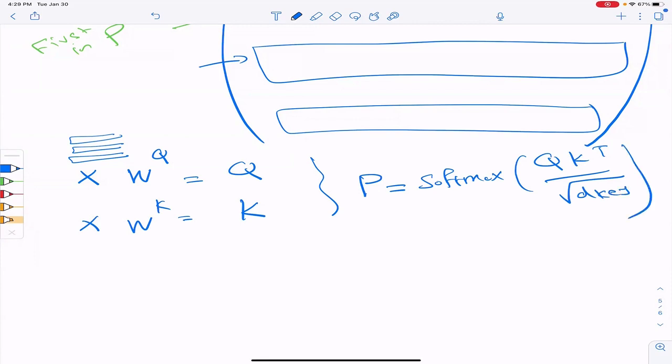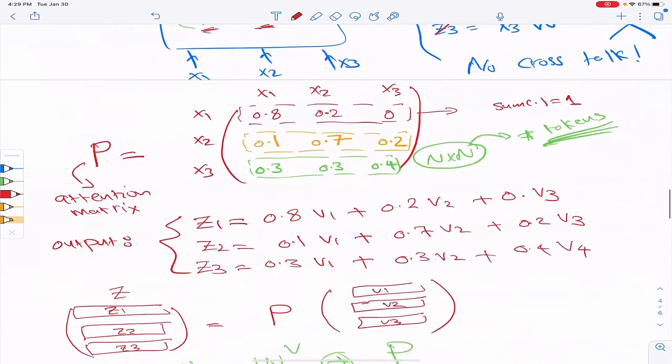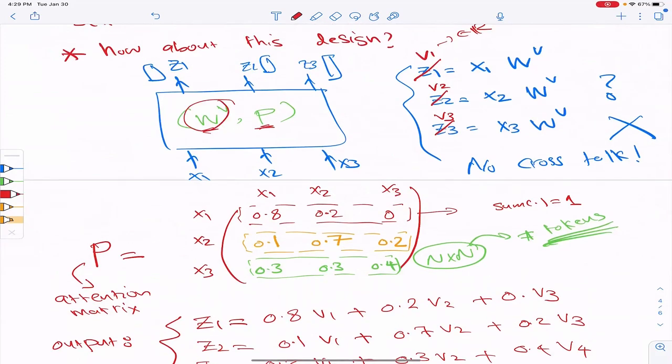That is your P matrix. And you use that in your attention layer. So here, the learnable parameters obviously are your query matrix, your key matrix. And before, remember, we had the WV, which is called the value matrix.